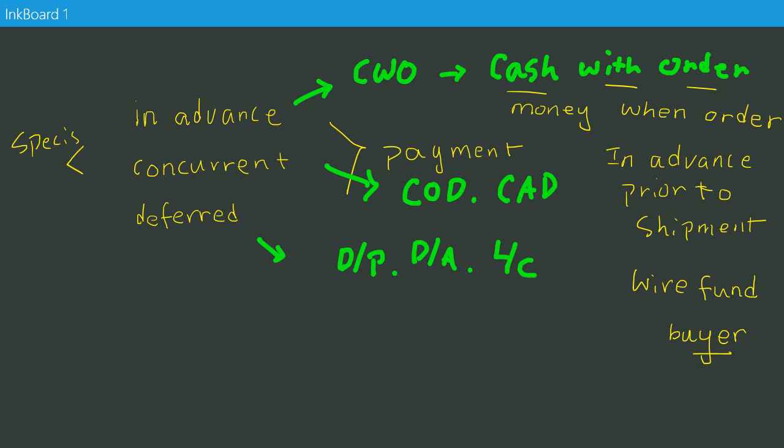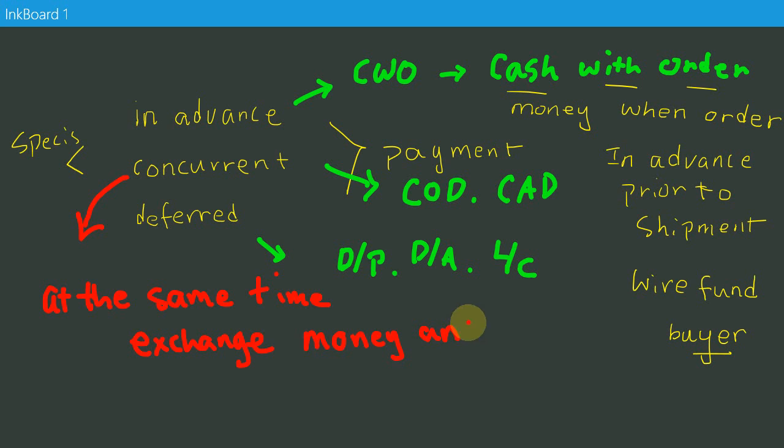And concurrent payment. The meaning of concurrent is at the same time, exchange money and product. Understand this one?